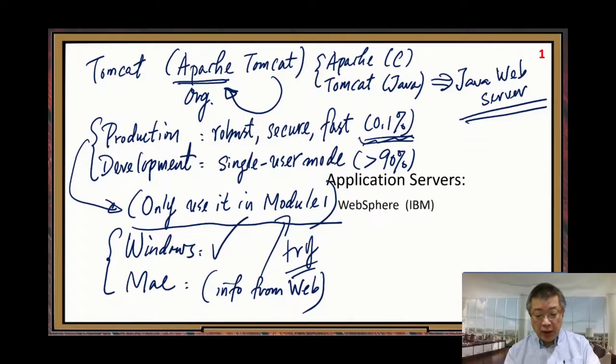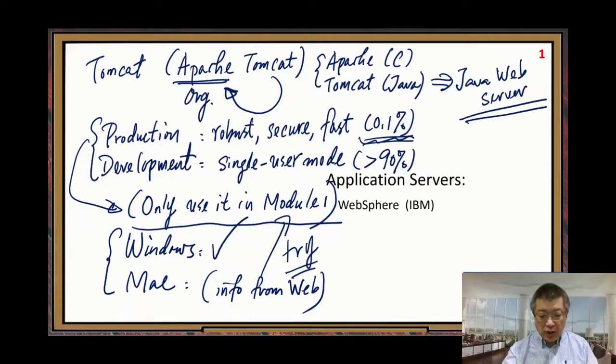All right, first, IBM WebSphere. That is an application server, and many companies use this one. For application servers, usually the software size is very big because it contains a large number of sophisticated features.